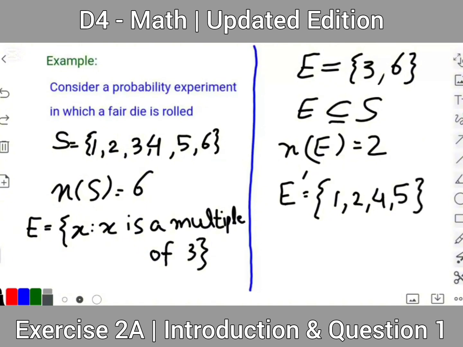The remaining elements that are left in the set S. Now let's see what the event E prime represents. And the n of E prime is equal to 4.